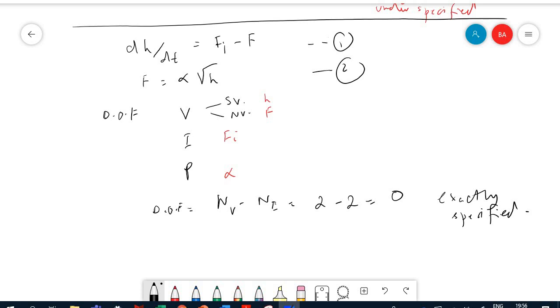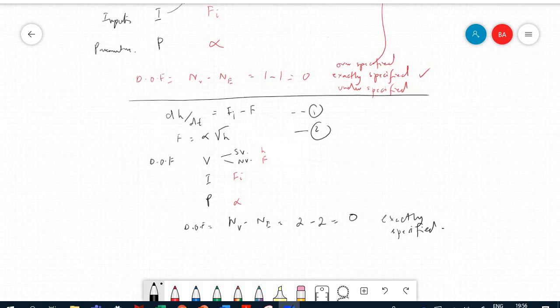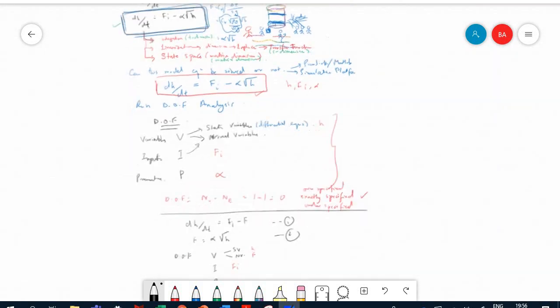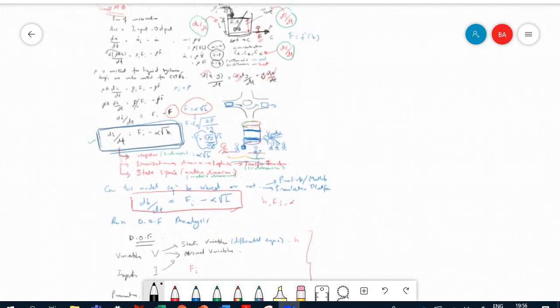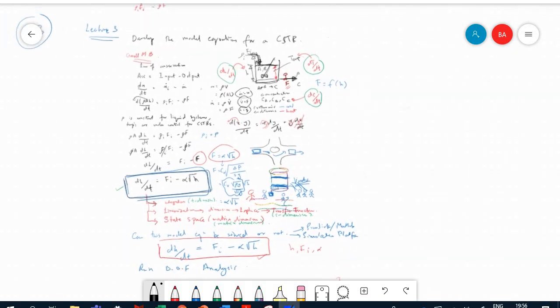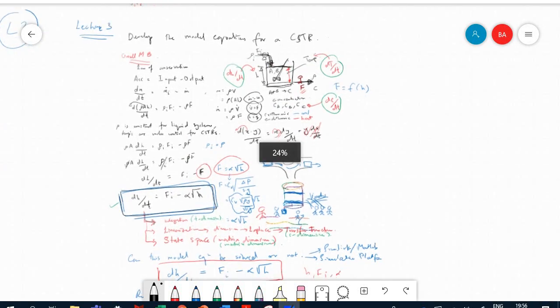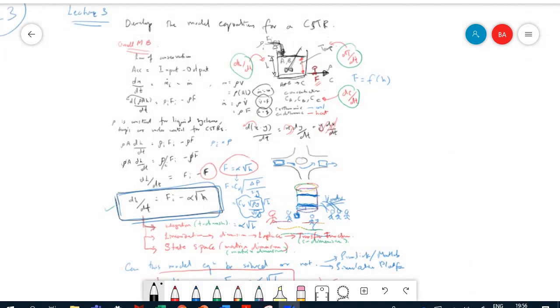Great. So what we have taken so far today is how to model the equation.